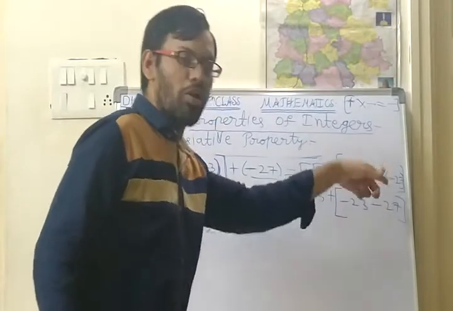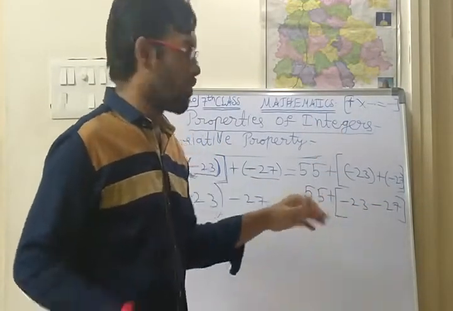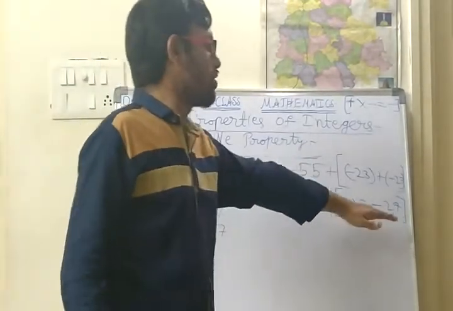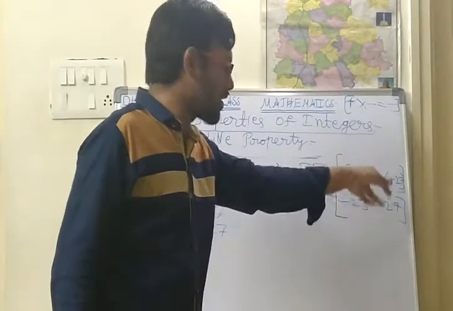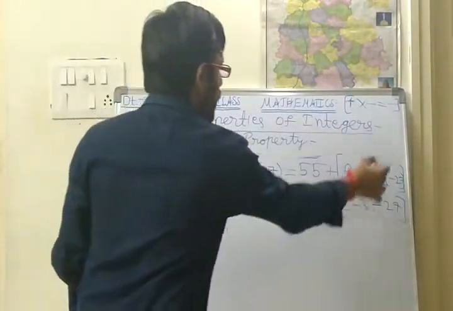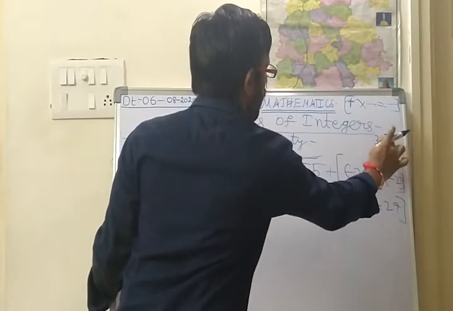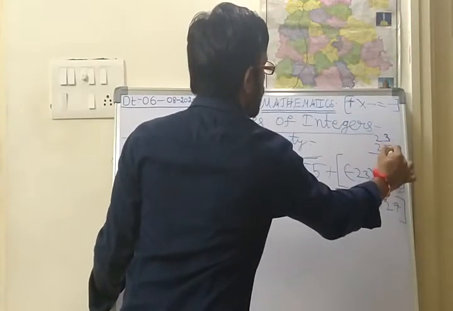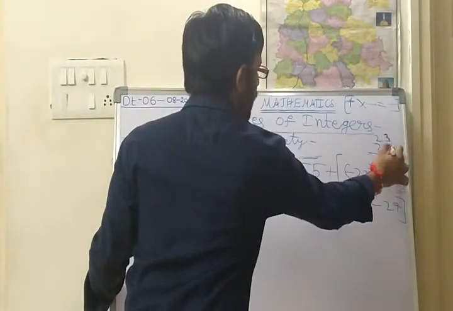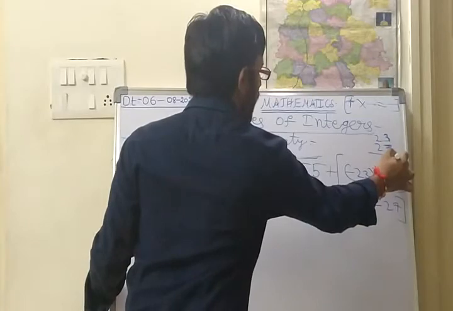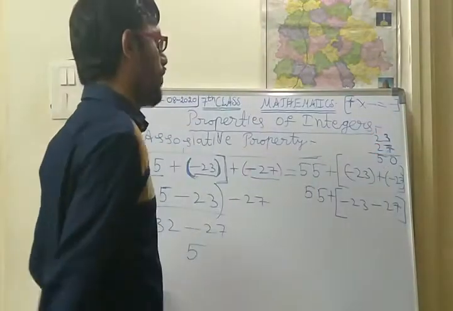So here you have to add these two numbers and keep the negative symbol for the result, since both are negative integers. So add 23 and 27. What is 23 plus 27? 7 plus 3, 7, 8, 9, 10. 2, 2, 4, 5. 50. Okay, 50 is the answer.